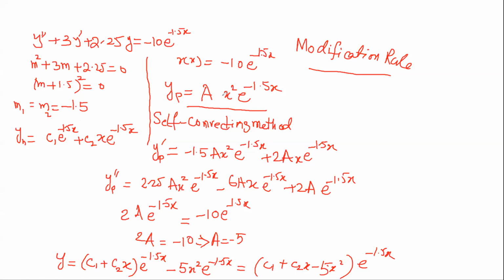So you can either multiply it by x, or multiply by x square if the root found in the particular part is a double root of the homogeneous part as well.